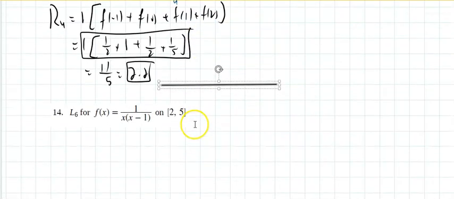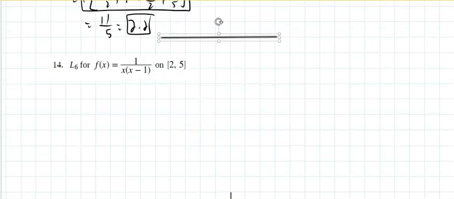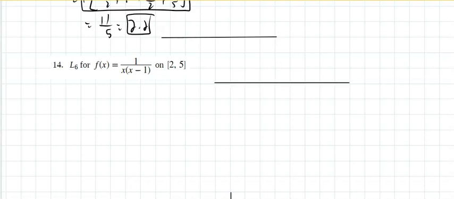Now I'm going to get to the next. This one we're running from 2 to 5. So let's say this is 2, 3, 4, 5. We're stopping here. We went L sub 6.